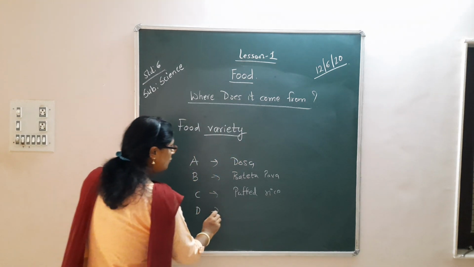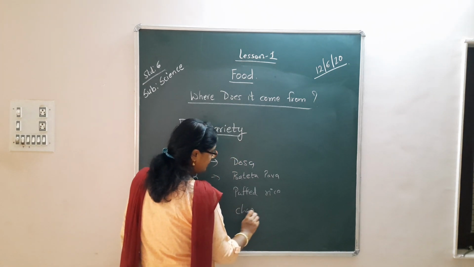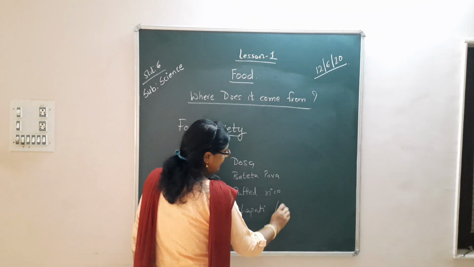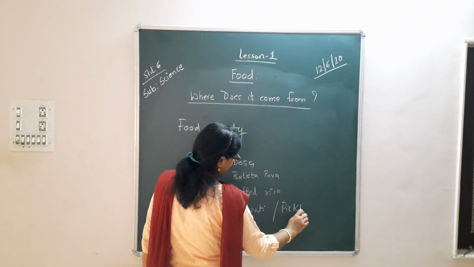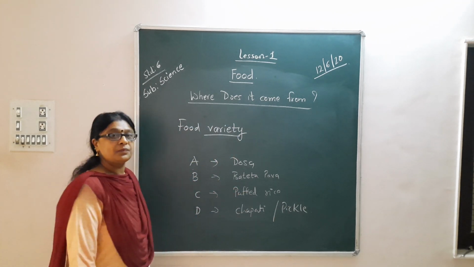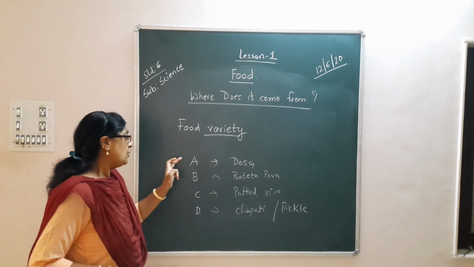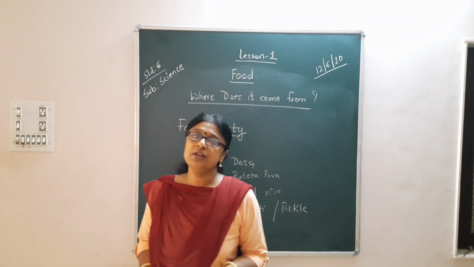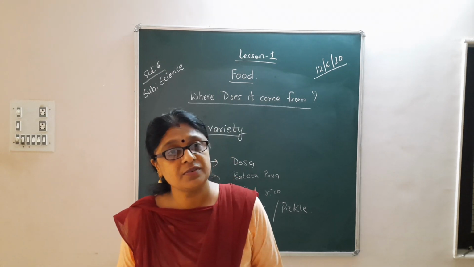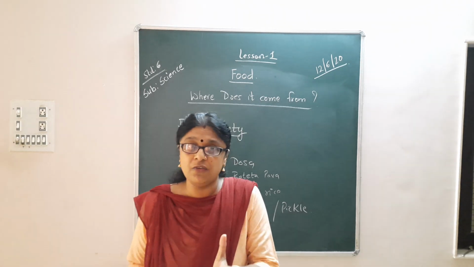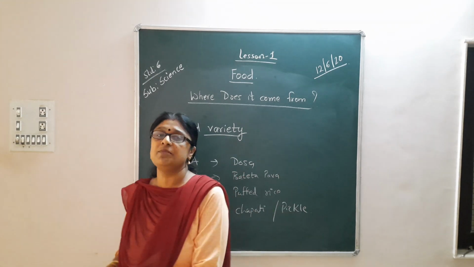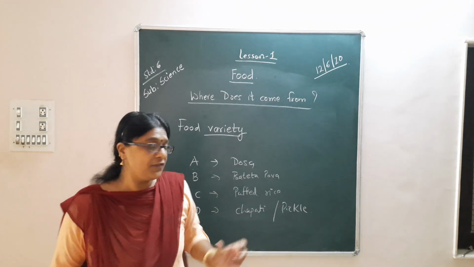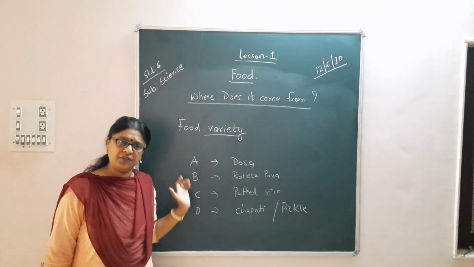Someone would tell me I just got chapati and pickle. So there are 4 friends and all 4 of them brought different breakfast. That is the variety of food. Everybody has not brought the same thing.